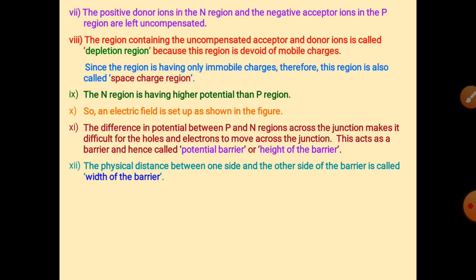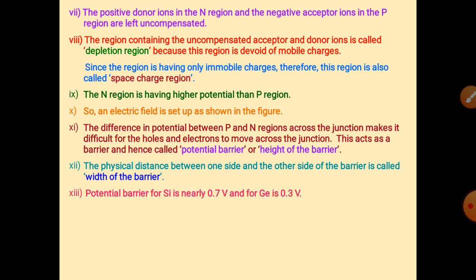Now there are many electrons in the P type semiconductor also, right? If such an electron wants to come towards the N type semiconductor, it has to overcome the potential barrier, because the barrier stops that electron from coming towards the N type semiconductor.